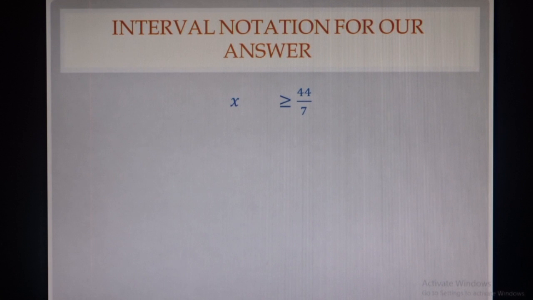So we're going to use an infinity symbol on the right-hand side of our answer. We're also going to use the square bracket with the 44 over 7 because my symbol had a line underneath it. Notice I didn't use the square bracket for the infinity symbol.